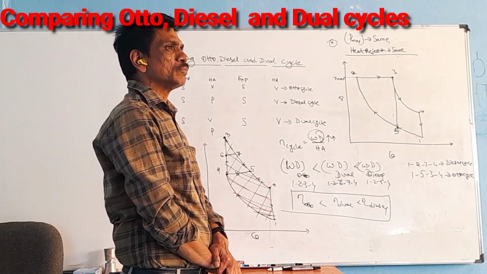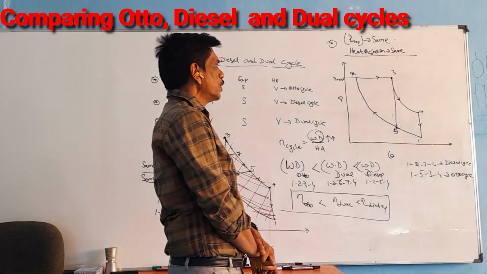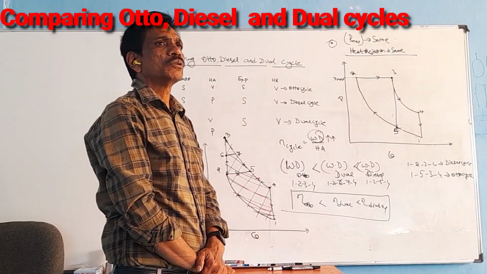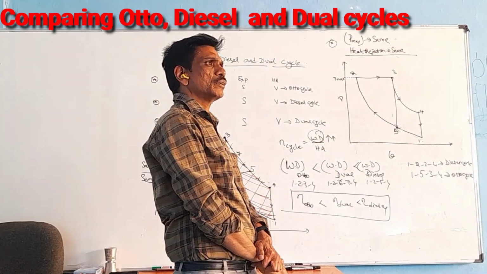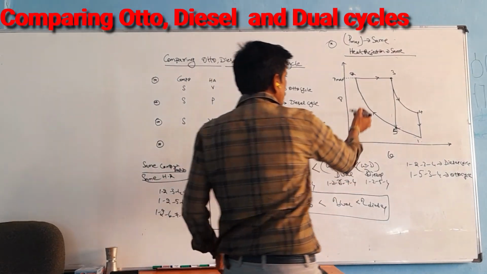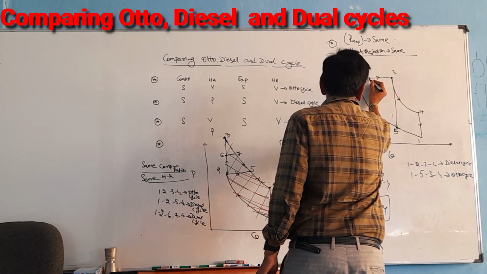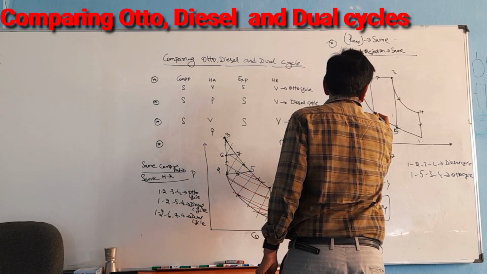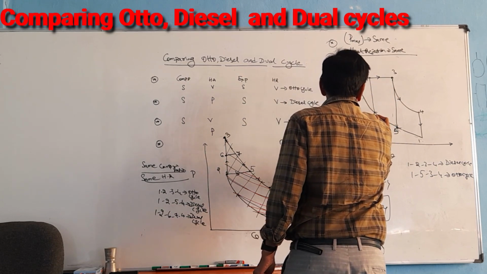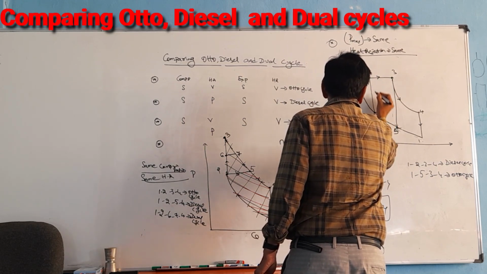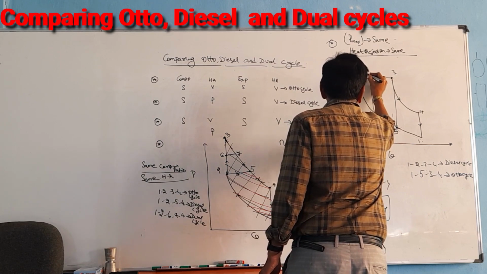In the same PV diagram, you practice drawing the dual cycle. In between 2 and 3, you take one point, and from there you draw the vertical to the opposite curve. Then these can be taken as 6 and 7.